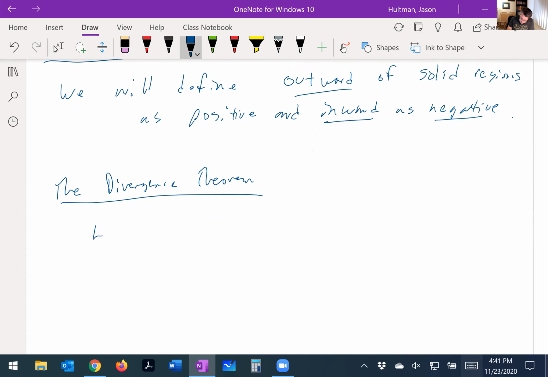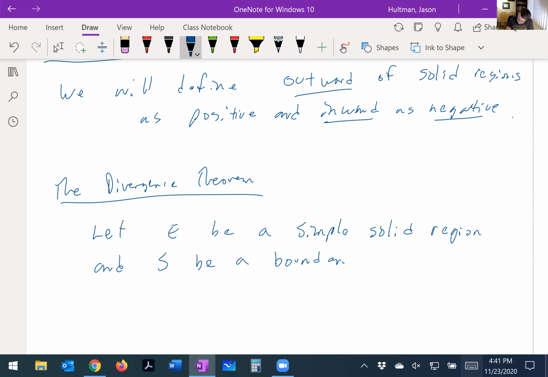Let E be a simple solid region and S be a boundary surface. So we're just taking these concepts and going to the next dimension.